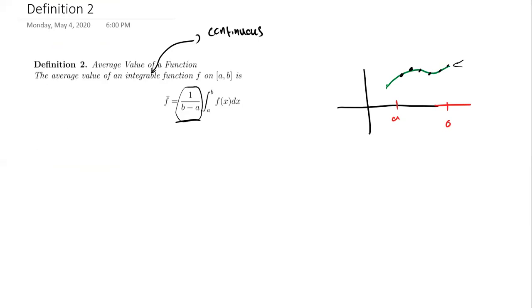I'm probably going to call it extra video 1 or something like that. If you're curious about how this expression actually gives you the average of the function on an interval, you can go ahead and look over it. If not, you can just memorize: the average value of a function on an interval is just a definite integral on that interval, and then I divide by the length of the interval.